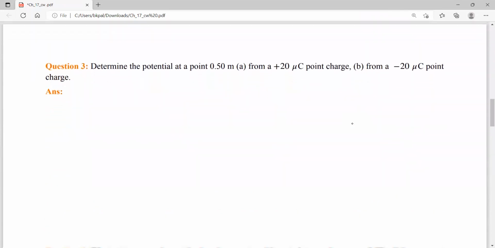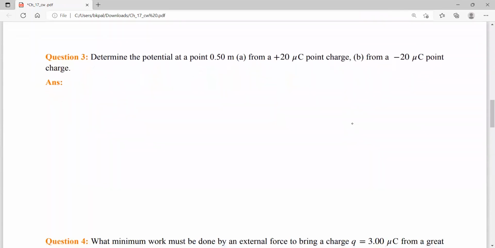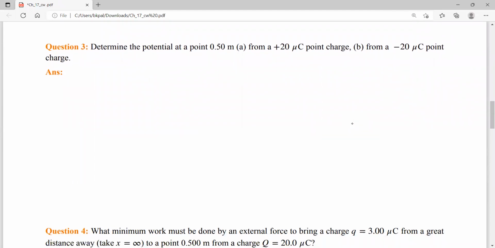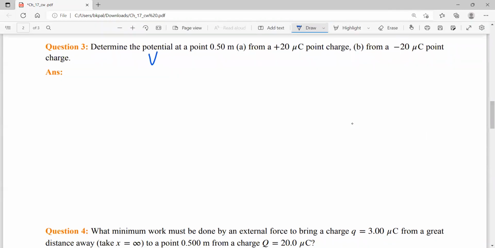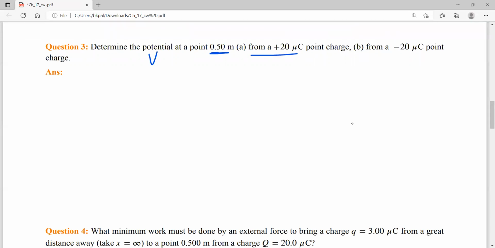Number 3. Here we have to calculate the potential V at a point from a positive charge whose value is 20 microcoulomb, and from a negative charge separately.